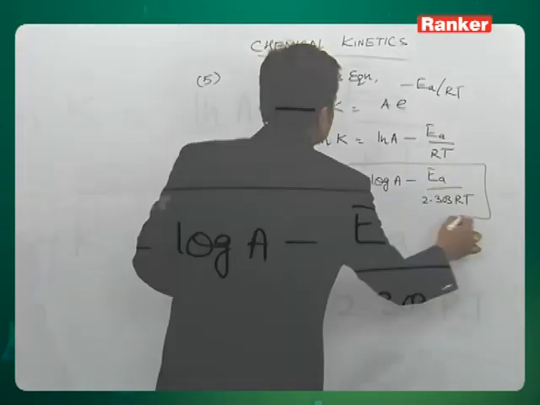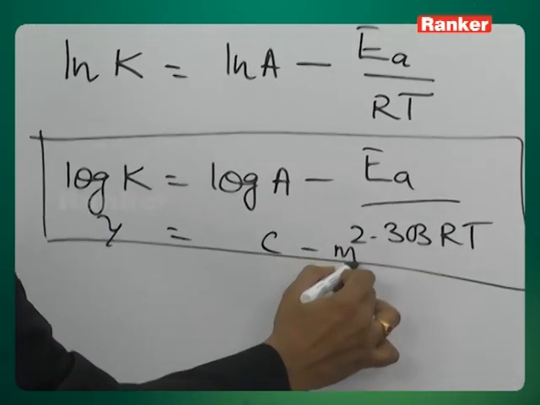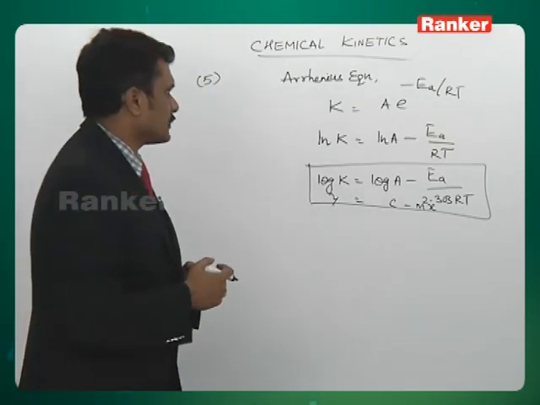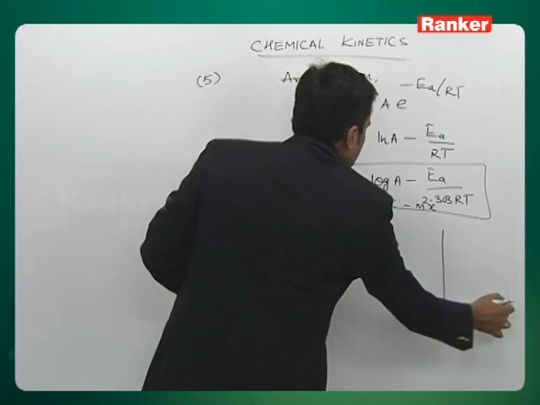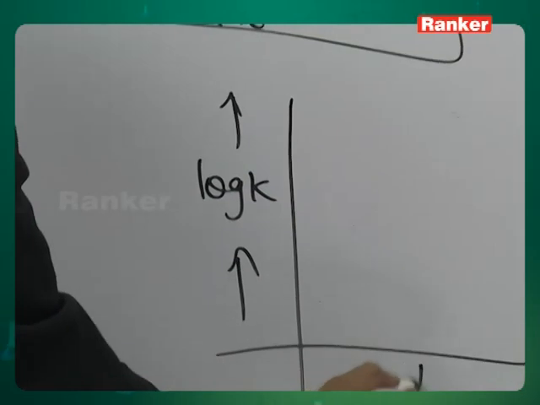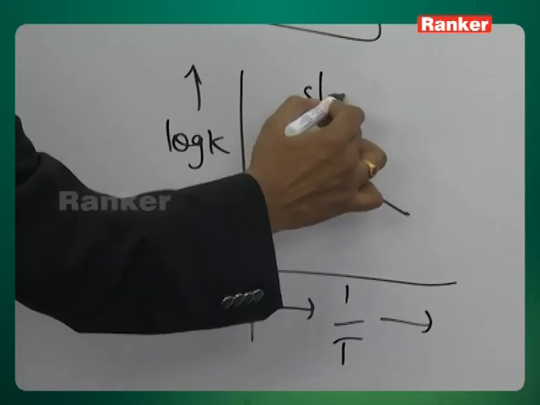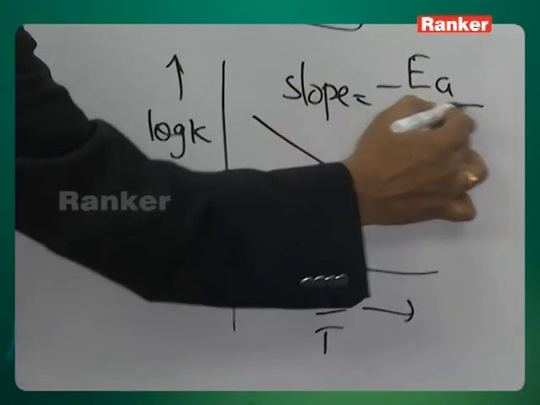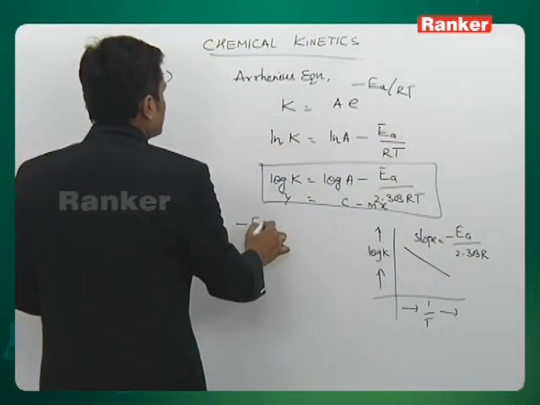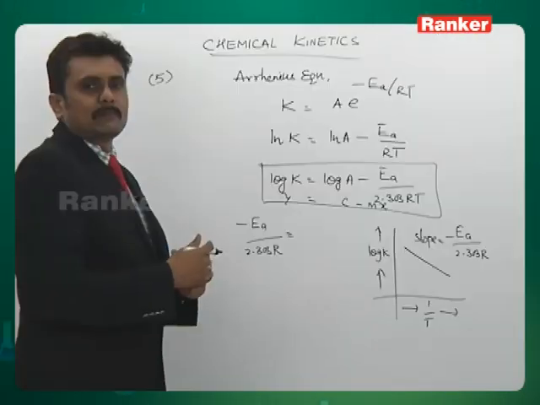And when this expression is compared to that of y equal to mx plus c, you will see that there is a negative slope. What I mean to say, that when I wish to plot a graph between log k versus 1 by T, you know that I am getting a straight line with a negative slope. So the value provided to us is minus 6000.